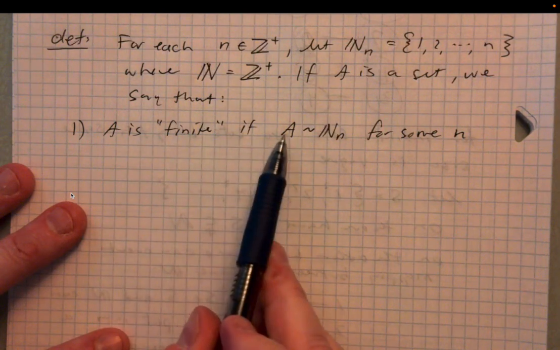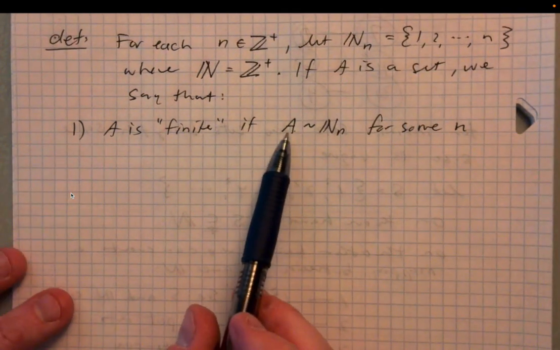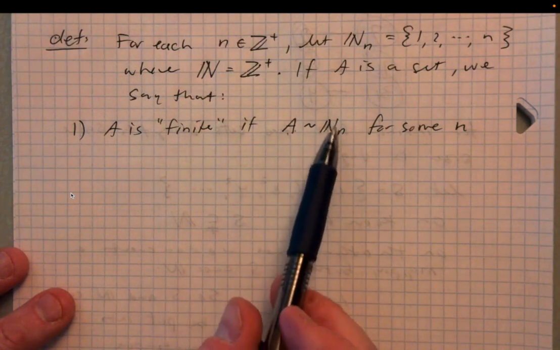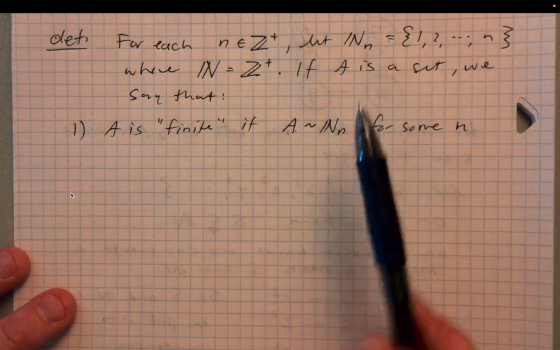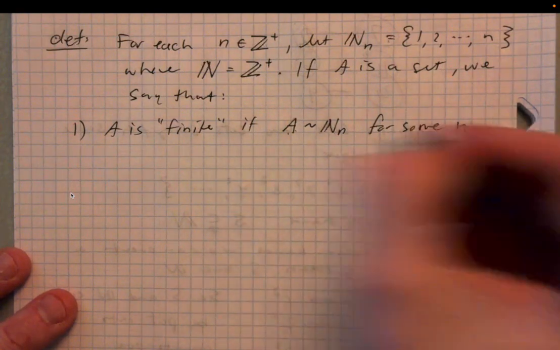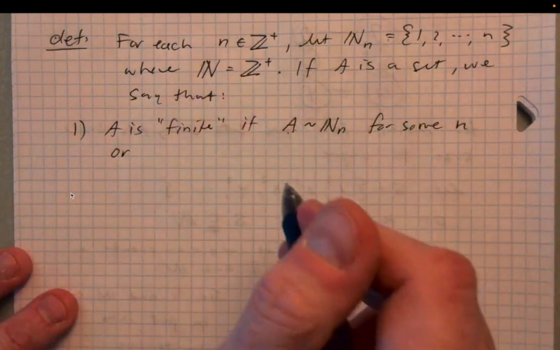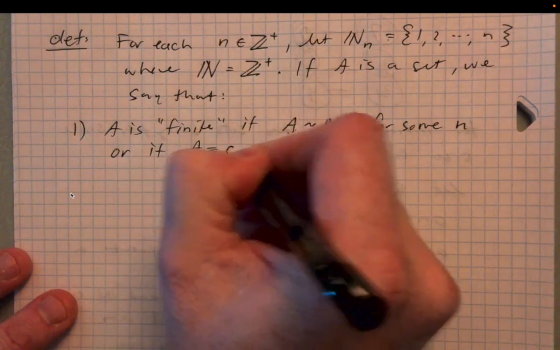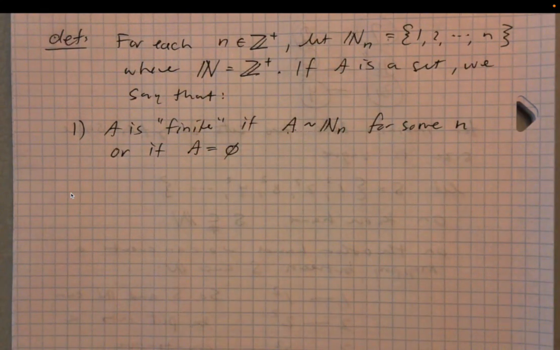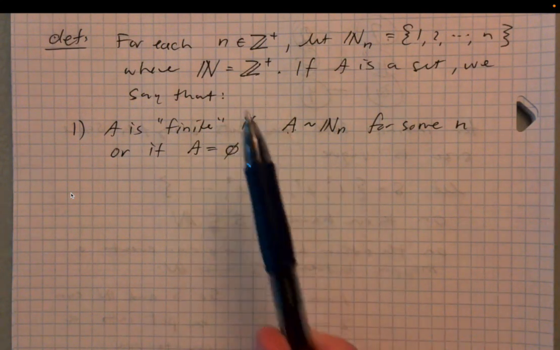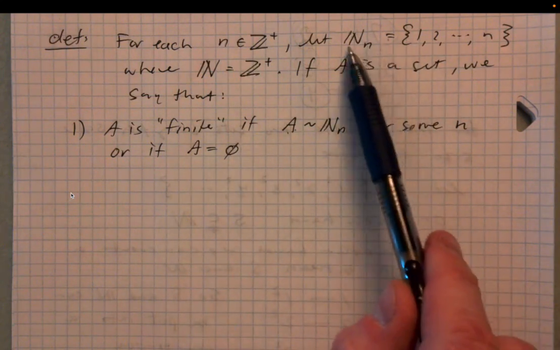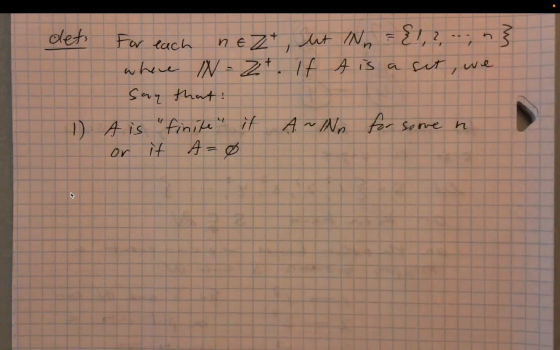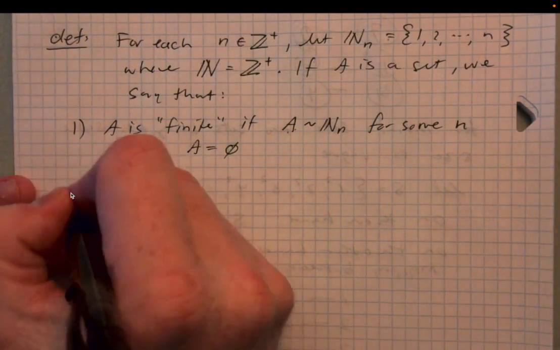So A is finite if there exists a one-to-one and onto mapping from A onto this finite subset of the natural numbers. Or we say A is finite if it's the empty set. If A is the empty set, it's obviously finite. That handles finite sets. Clearly, like the opening example of the set with 4 elements, we could easily come up with a mapping between that set and N sub 4, 1, 2, 3, 4. All right, so that's the first option.